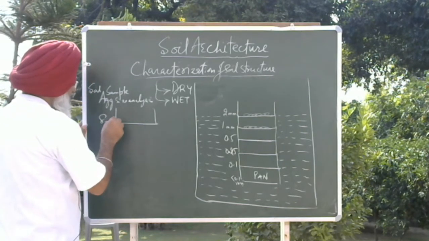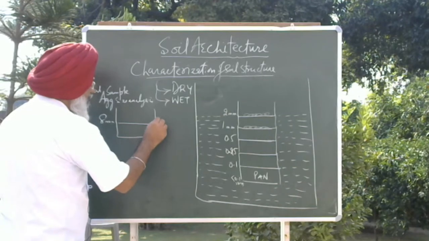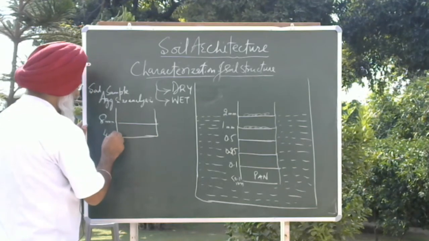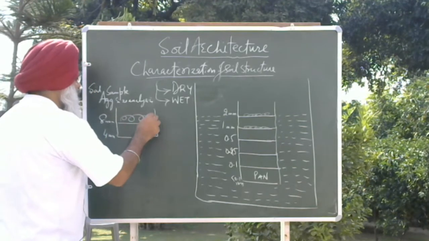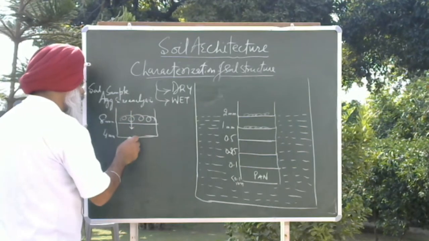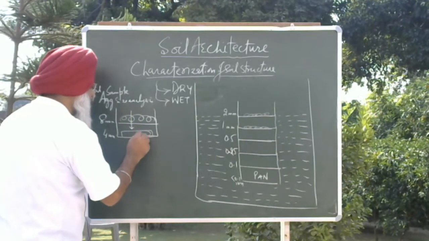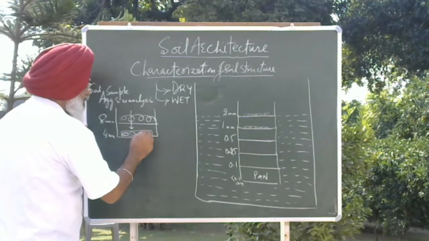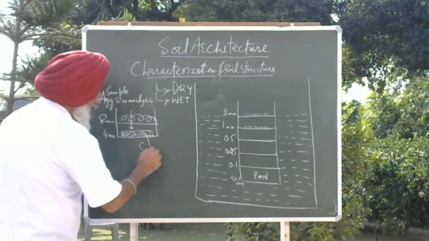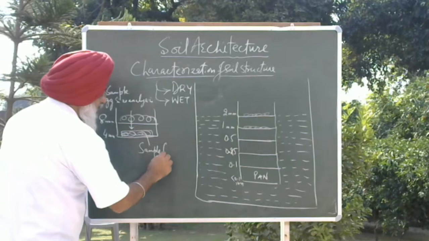This is the 8 millimeter sieve, and then we have a 4 millimeter sieve. The aggregates which pass through 8 millimeter are retained on this 4 millimeter sieve. So this is your sample for analysis.